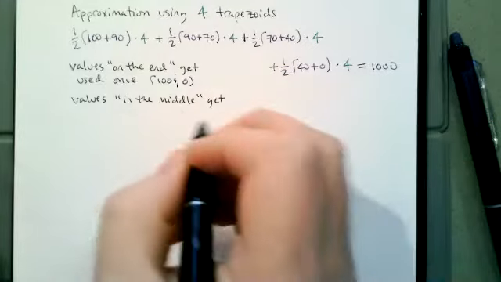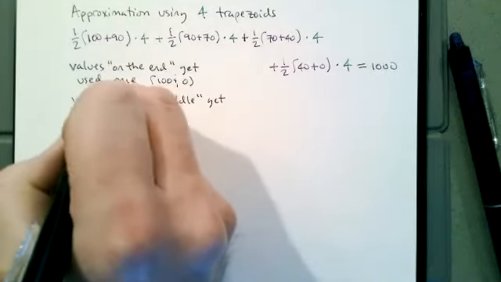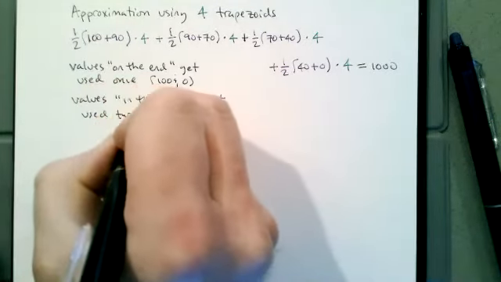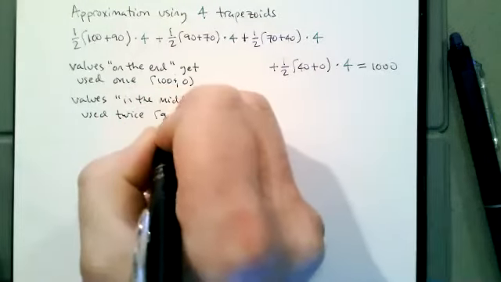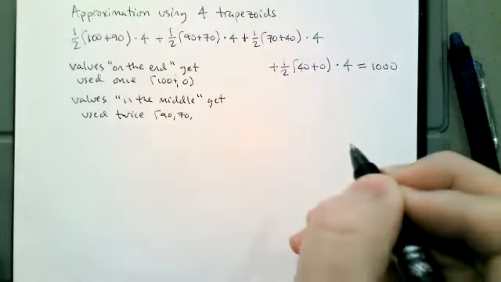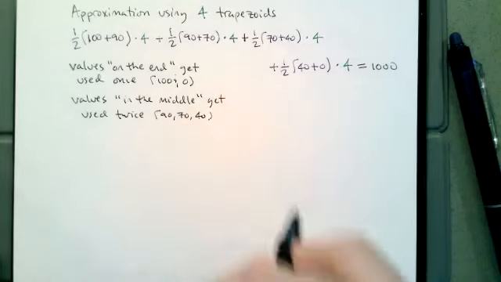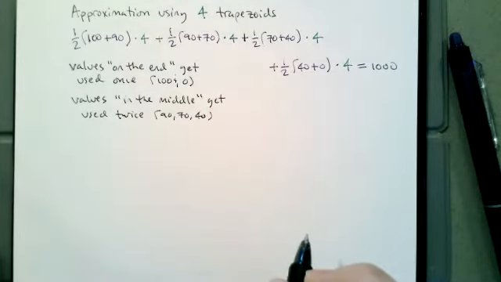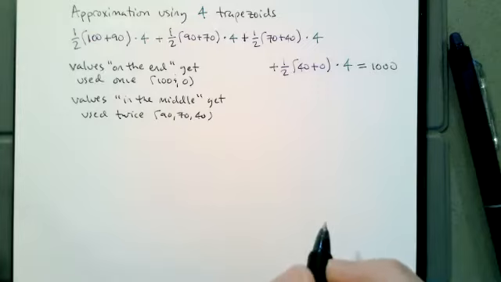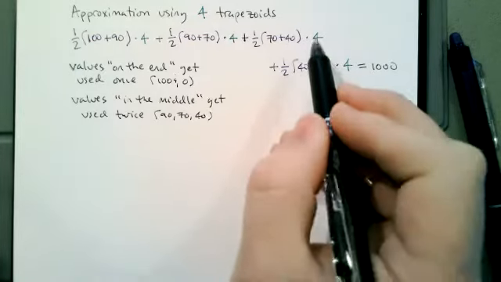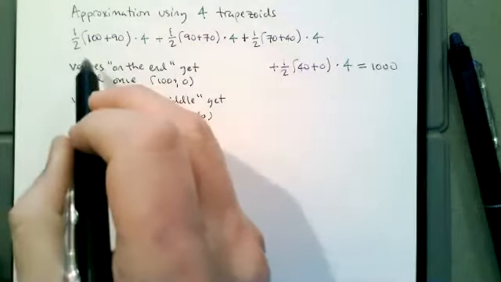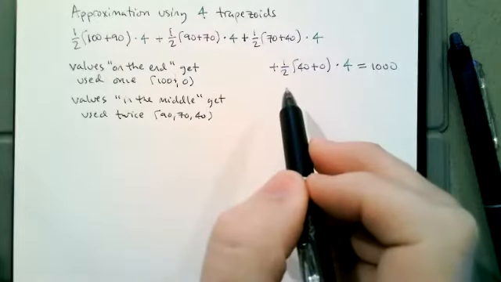That's what I'm going to do next. Oh, okay, got it. Sorry, thank you. So notice that the 90, the 70, and the 40 all get used twice. So also notice that there's a common factor of 4, and there's a common factor of 1/2.